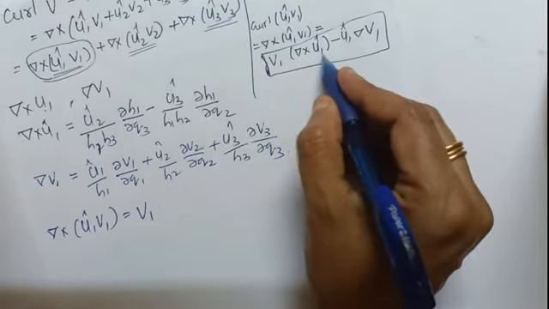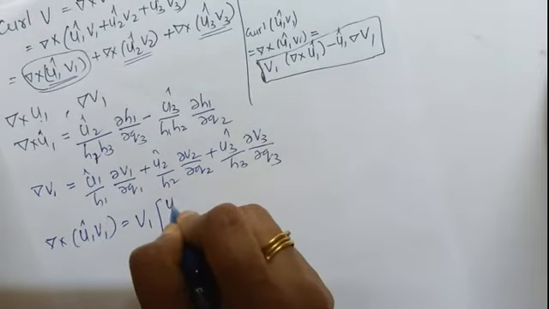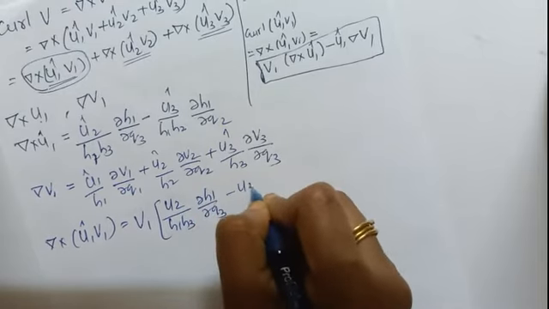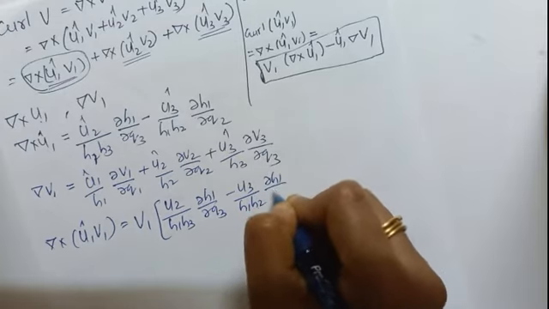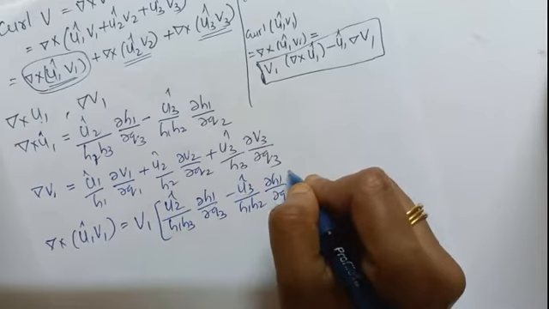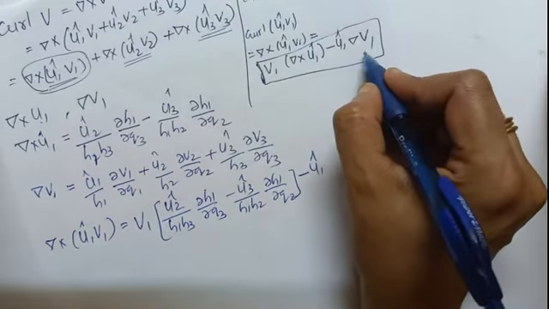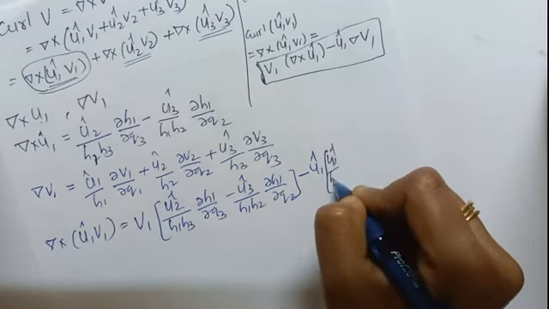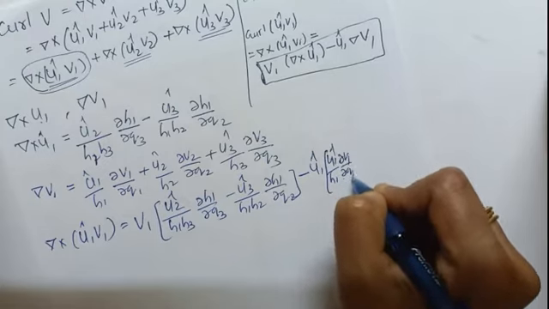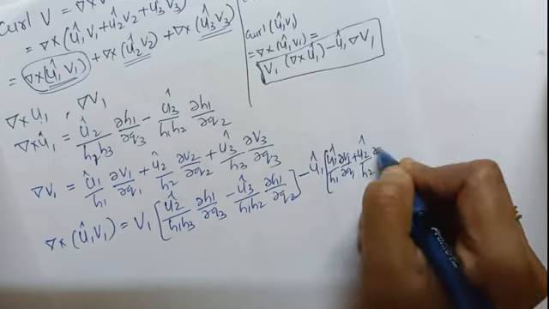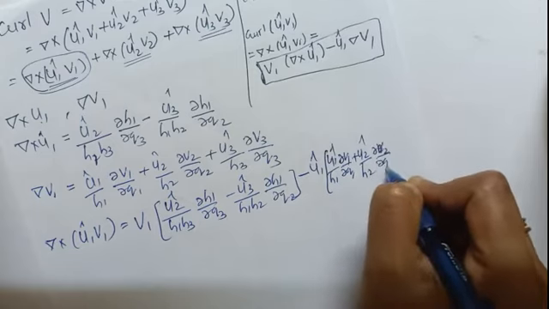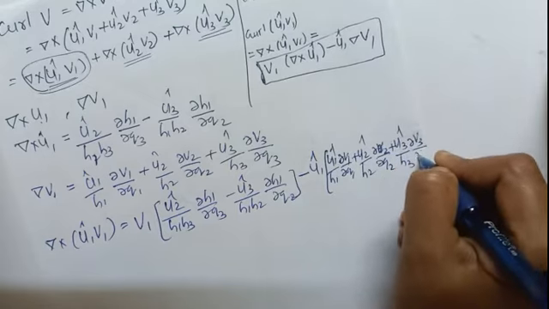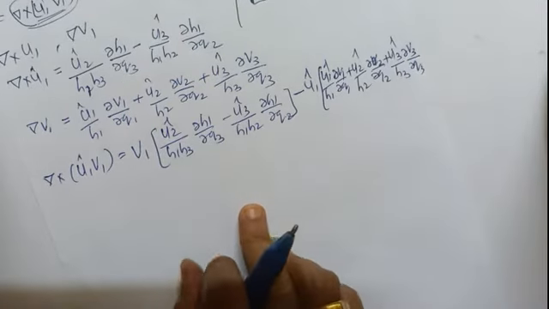So V1 into del cross U1, which we are having the value U2 H1 H3, okay, minus U1 again del V1, that we are having the value U1 by H1 dou V1 by dou Q1, U2 by H2 dou V2 by dou Q2 plus U3 by H3 dou V3 by dou Q3. Okay, so we have written all these values.